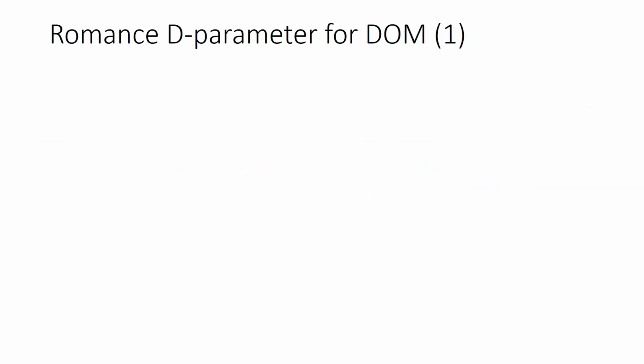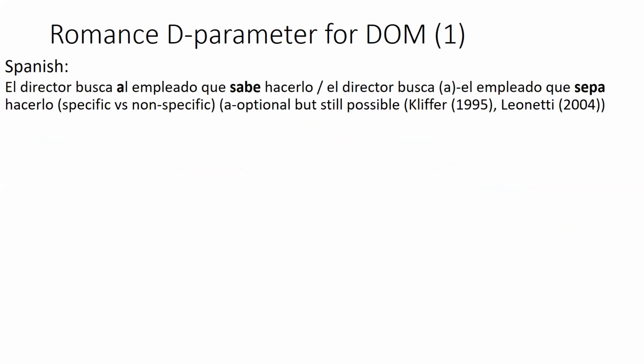Right, okay, so let's get down to some examples. The most interesting bit is Spanish, which, as we know, is DOM heavy. So we expect to see lots of good examples of DOM here. The example that I quoted earlier on: el director busca al empleado que sabe, versus el director busca el empleado que sepa. Wait. Oh, sorry.